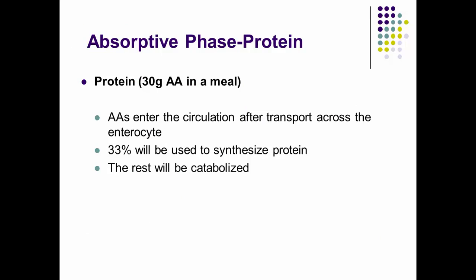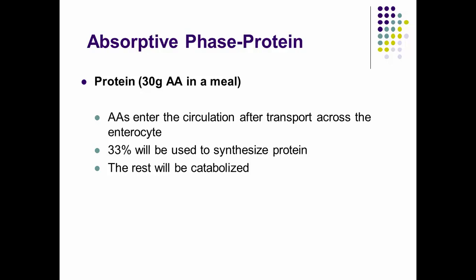Right? Okay, now how about protein? How do we metabolize protein when we eat and absorb the protein? In our standard diet, we have about 30 grams of amino acids in a meal.